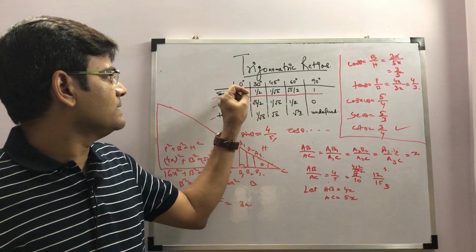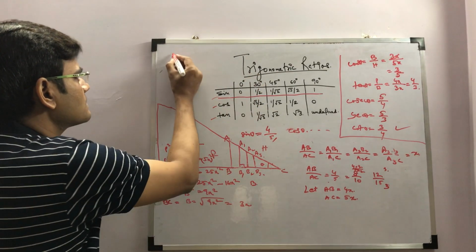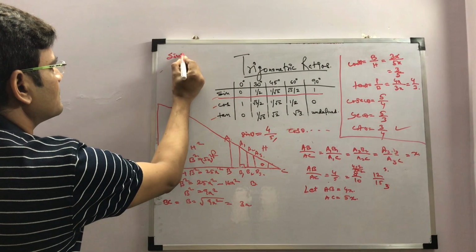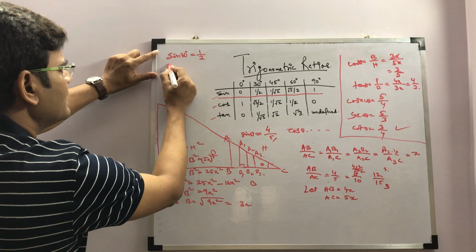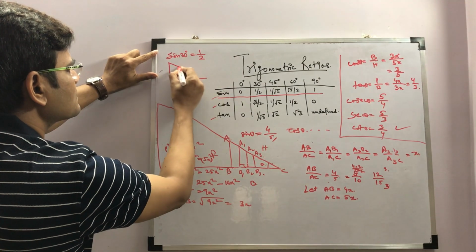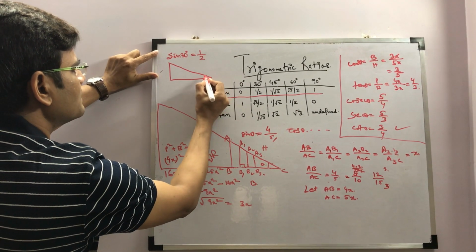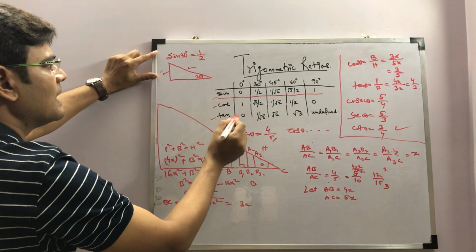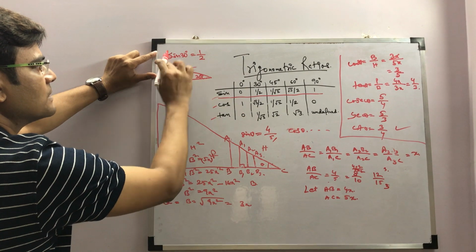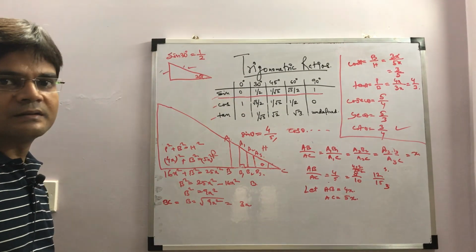So when you say sin 30 is 1 by 2, that means if you draw any triangle, small, large, super large, whatever, if the angle is 30 degrees, then this by this is half, which means this is double of this one. That's interesting, right?